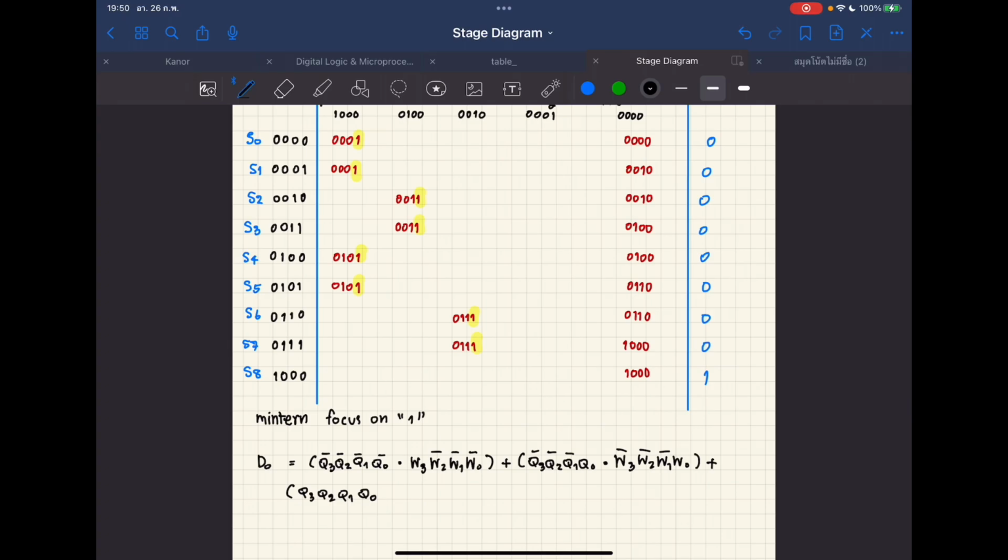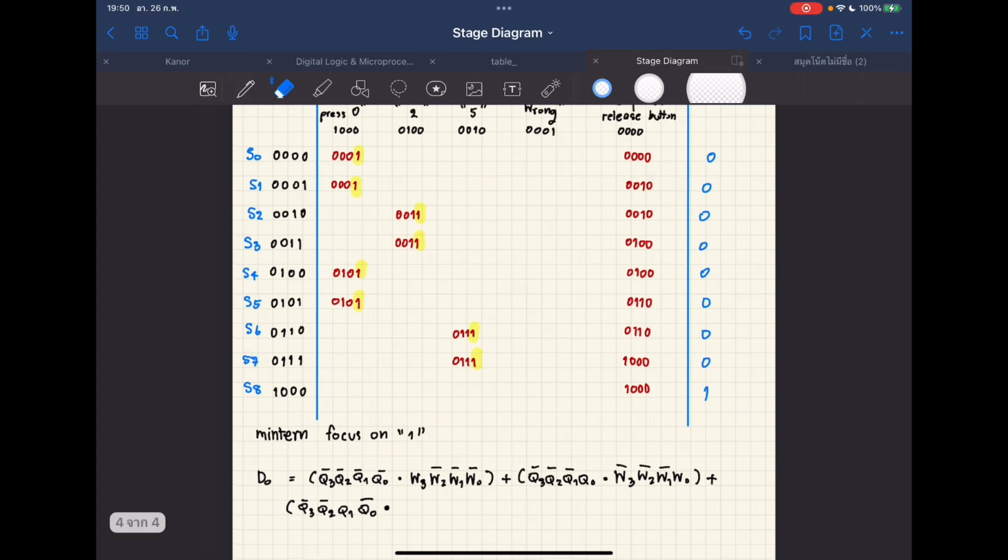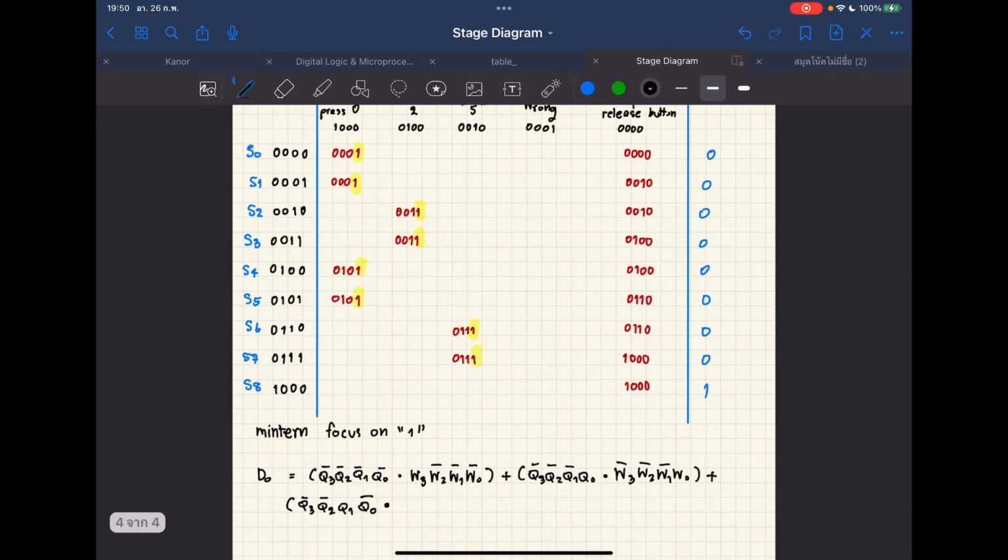Stage 2, this. And then the next is stage 3.